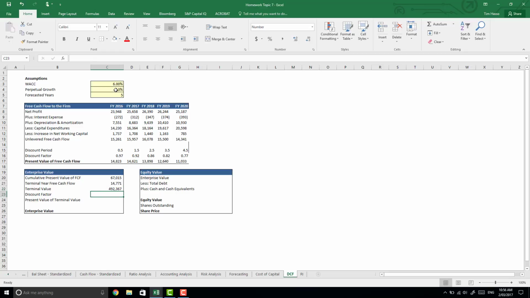We then need to apply a discount factor to this terminal value, because currently we're valuing it in 2020 dollars. So we need to get it back to 2015, and to do that, we calculate a discount factor.